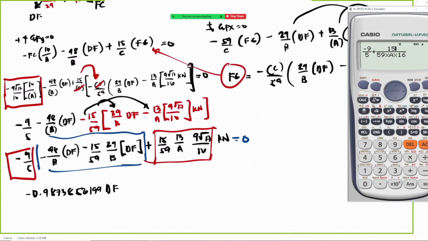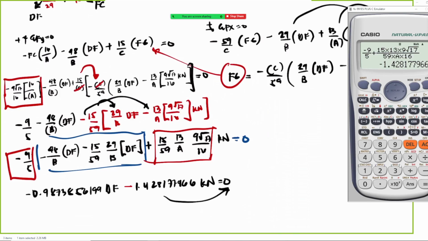Sa taas, 15 times 13 times 9 square root of 17. Okay, that is negative 1.4281777966 kilonewton is equal to 0.